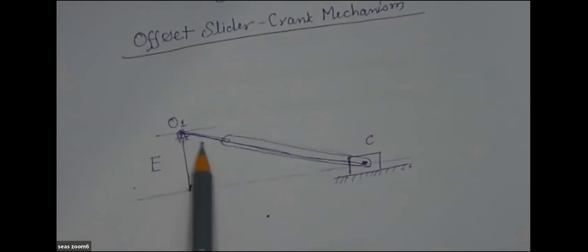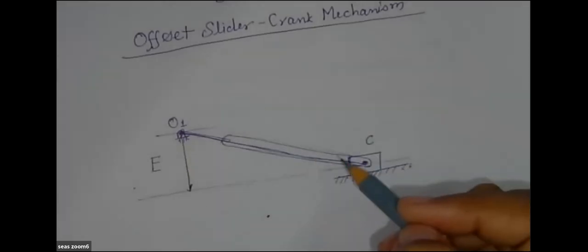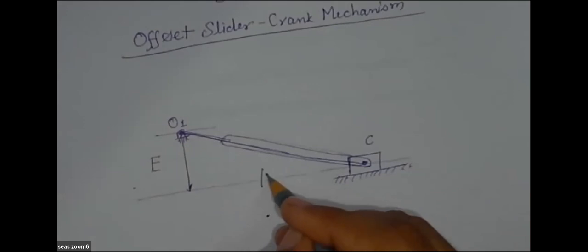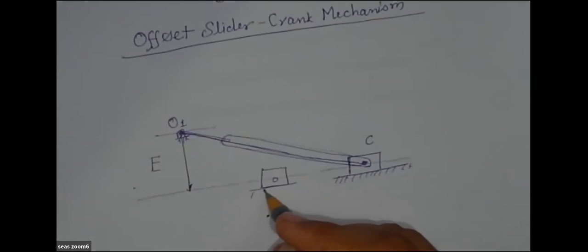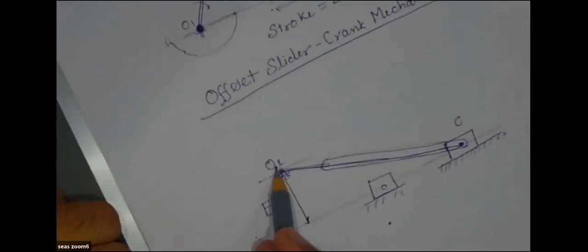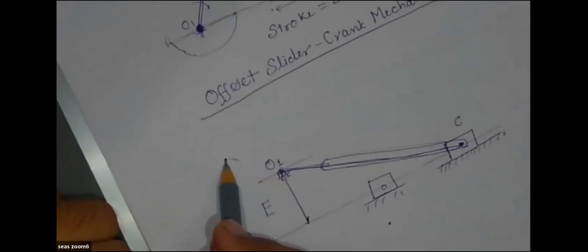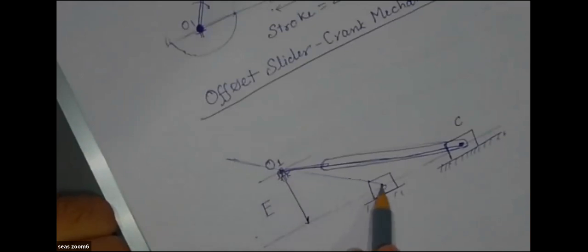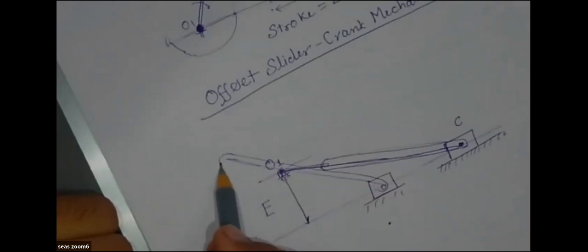So this is one extreme position of slider. Another extreme position of slider will come when the slider is here. And in this case, the connecting rod will be somewhat like this.